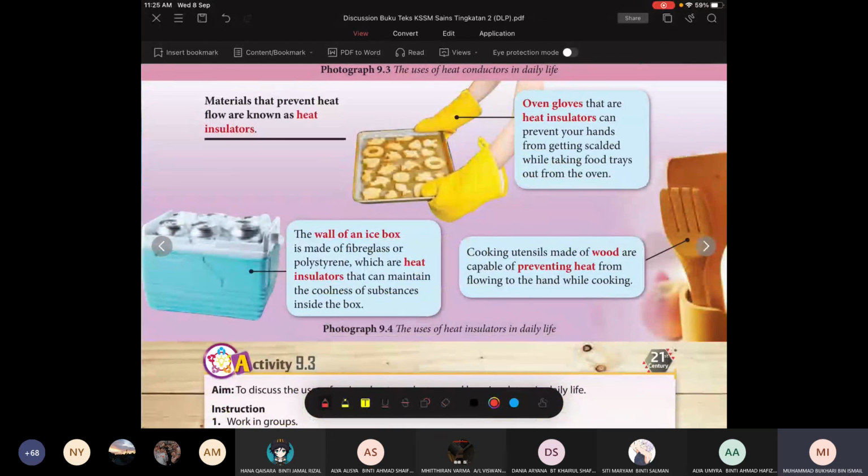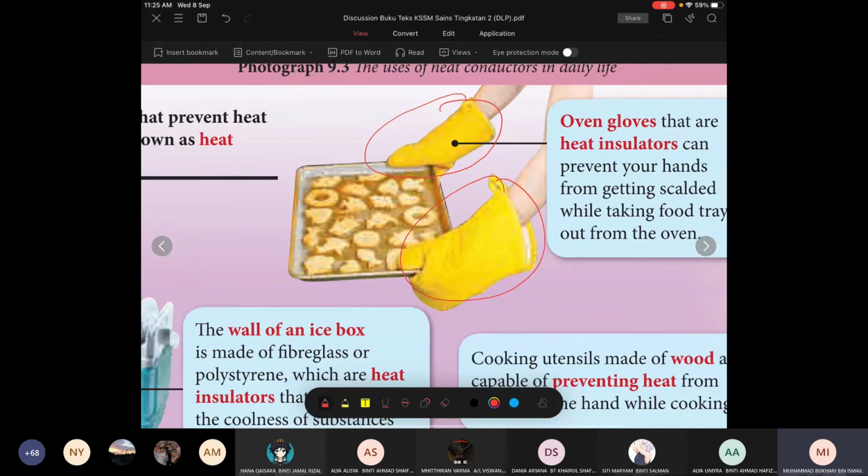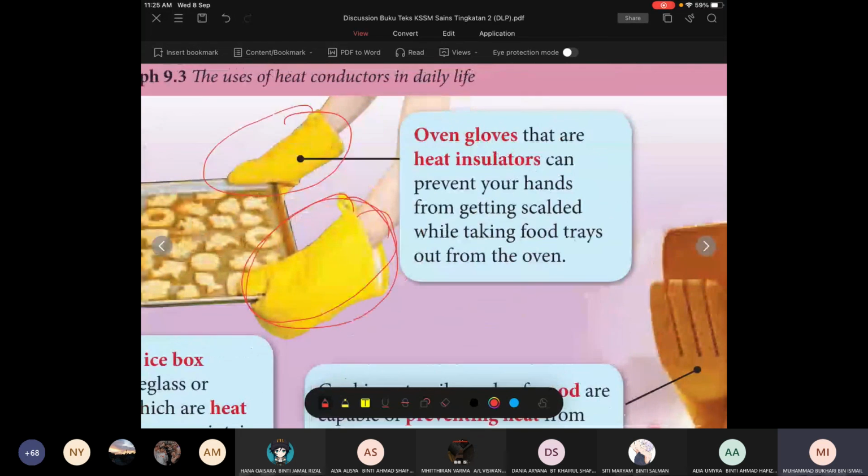And then you can see the oven glove. The oven glove here is a bad conductor, so heat cannot be transferred, or less heat is transferred. Actually, you still feel the temperature, the heat, but not a very high temperature. So this means that it is what we call a heat insulator or a bad conductor.